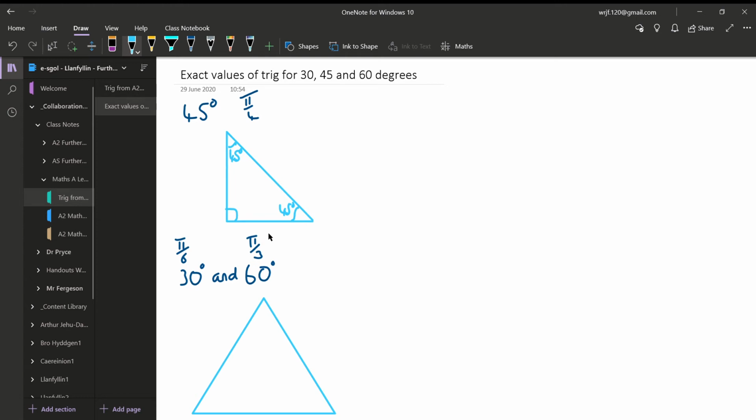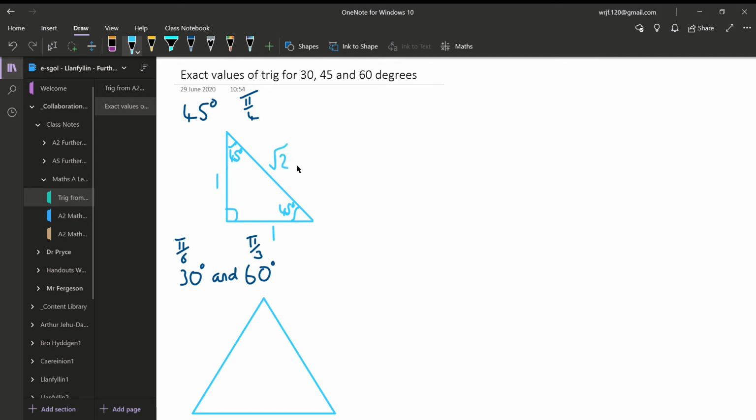I'm going to choose to have a length of 1 unit, 1 centimetre, 1 metre, whatever you like it to be, along those two sides. And then a quick little bit of Pythagoras. 1 squared plus 1 squared gives me 2. Square root that gives me root 2 on the hypotenuse of this triangle.